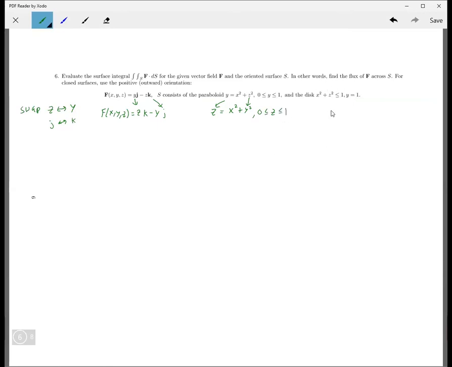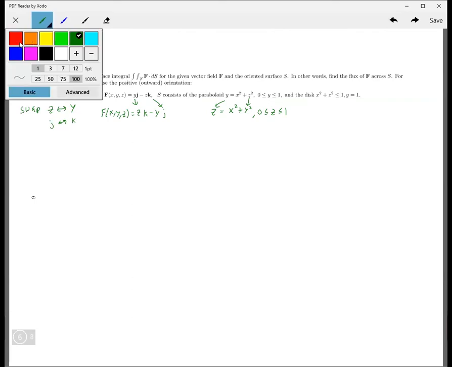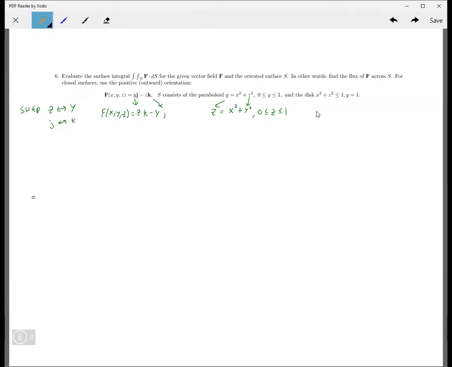Okay, and then this disk right here changes to x squared plus y squared less than or equal to 1. And then this z changed to y, and this y changes to a z also, z equals 1.